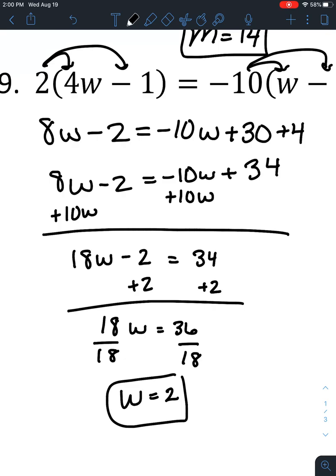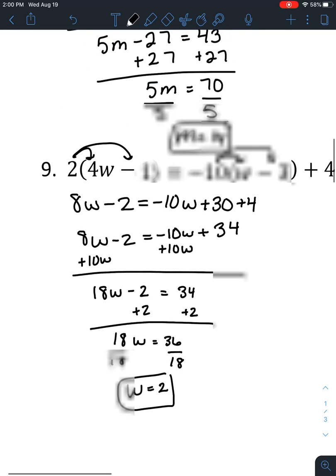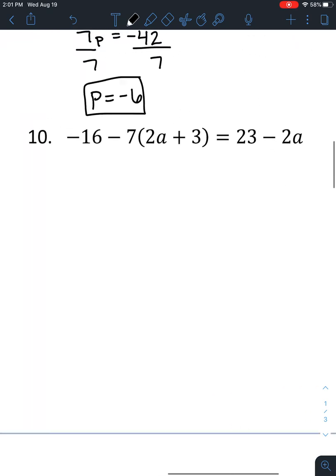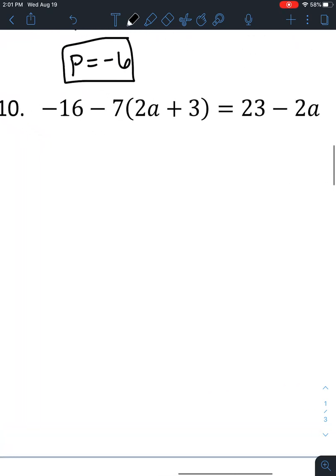Perfect. All right, last one, folks. Alrighty. So again, I have to take this negative 7 and I'm distributing it to everybody on the inside. Rewriting my negative 16. Negative 7 times 2 is negative 14a.